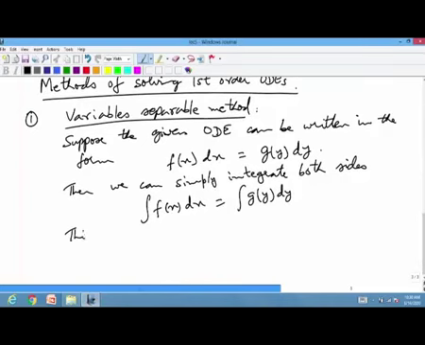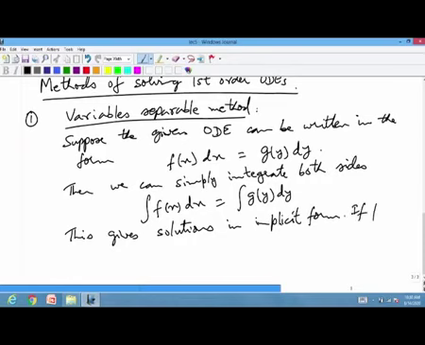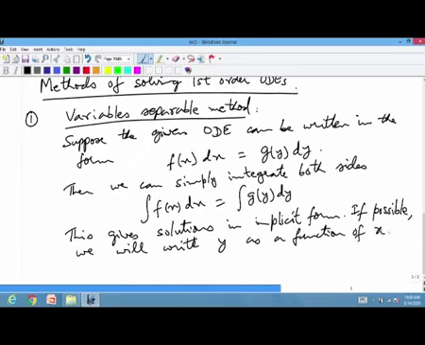This gives solutions in implicit form. If possible, we will write y as a function of x.